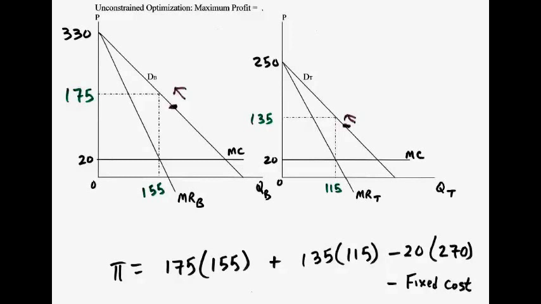Notice that because the cost of servicing each passenger is 20, and we know that there are 270 passengers, our cost is effectively fixed if we fill 270 seats at $20 each. And then the second fixed cost would be the cost of leasing the aircraft.